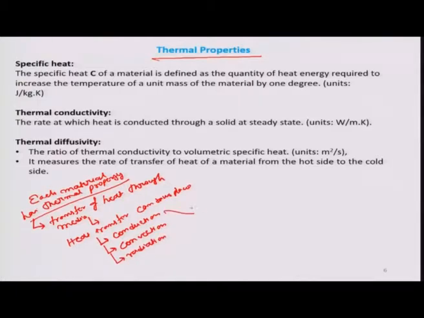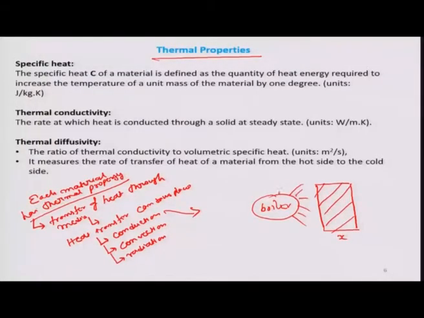In conduction, what happens? Suppose that you have a metal slab of thickness x, okay, and at this point, suppose that here is a boiler, and it emits heat, and temperature at this place is T1.